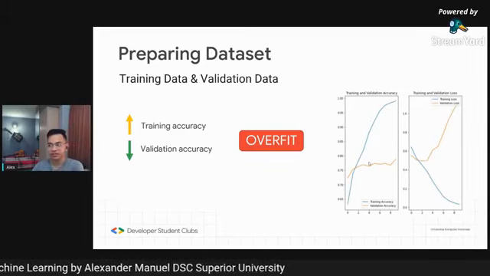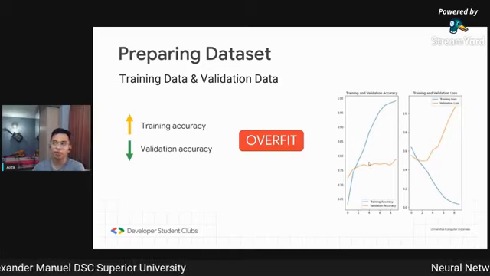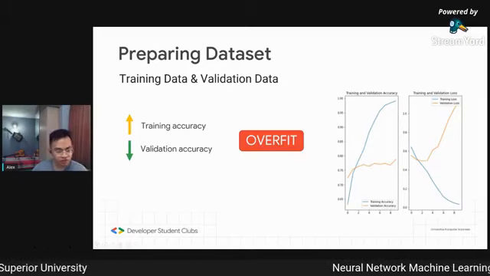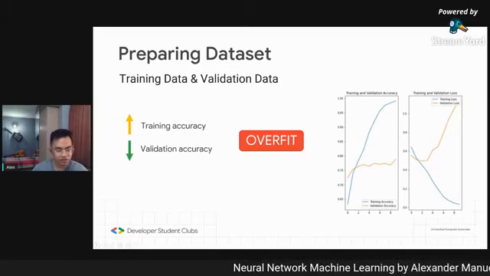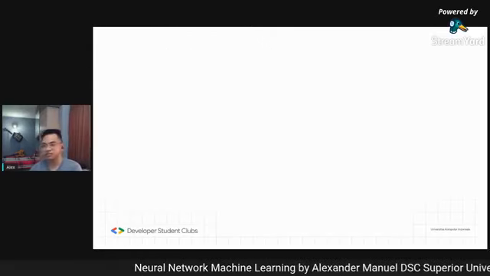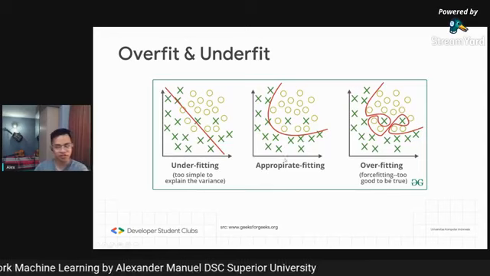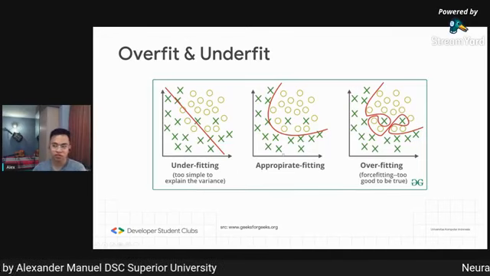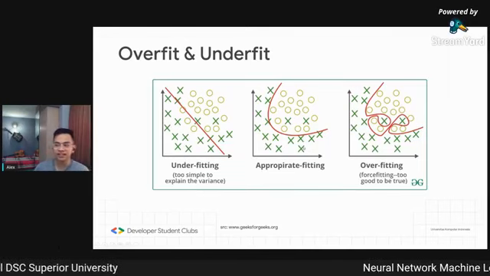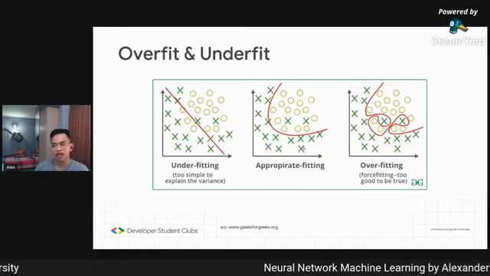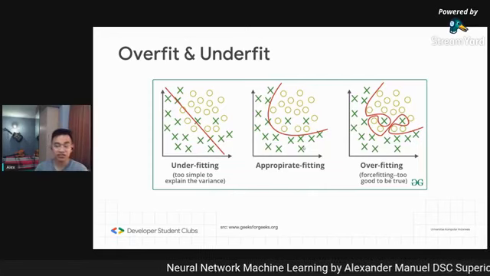problem. So overfit is when the model actually, if I have the image here, oh yeah, I have the image. Overfit is when the model is remembering the data, not actually learning the pattern.